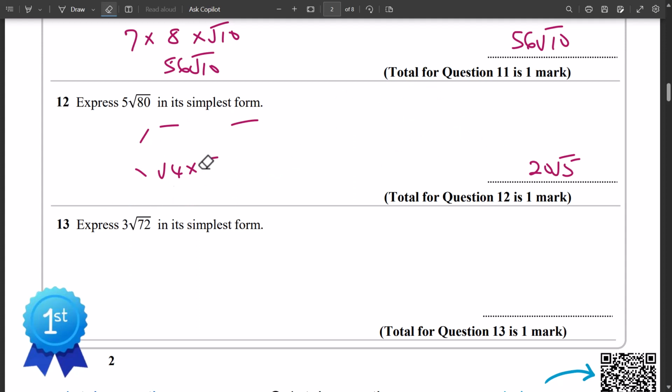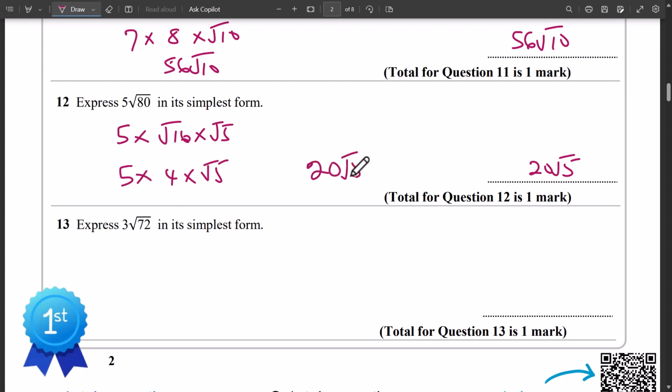I just want to show you another way of doing it. I should have used 5 times root 16 times 5, because 16 and 5 gives you 80, right? And that's 5 times root 16 is 4, and root 5, which also is going to give you 5 and 4 is 20, 20 root 5. Which is the same answer here.